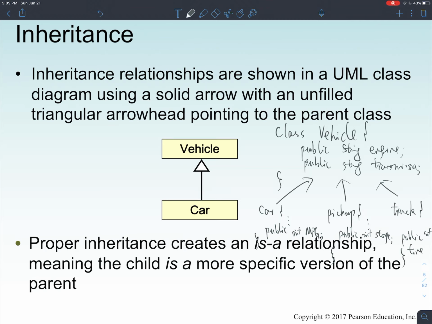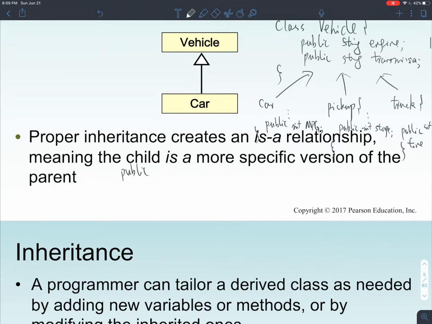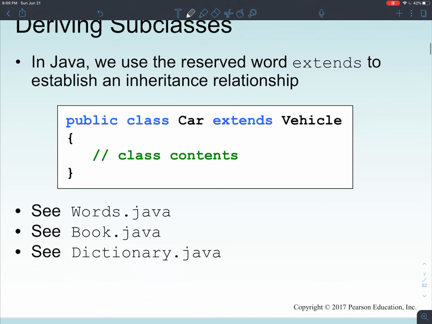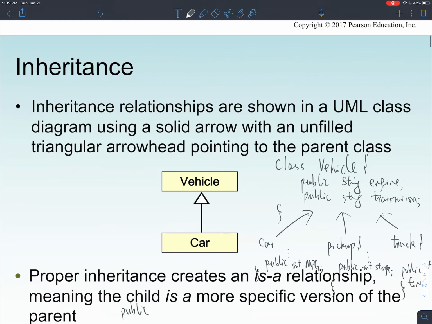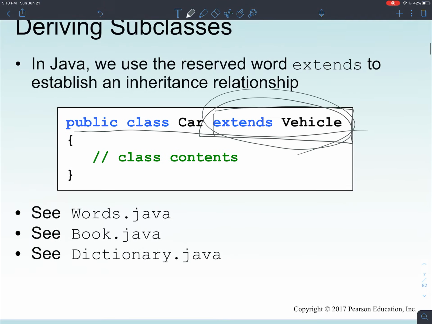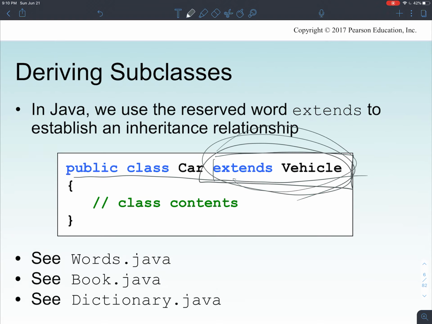In this case, when we define the class car, we can use this statement: public class Car extends Vehicle. With this statement, the Car class automatically inherits everything that has already been defined in the Vehicle class. You don't even need to write it down.